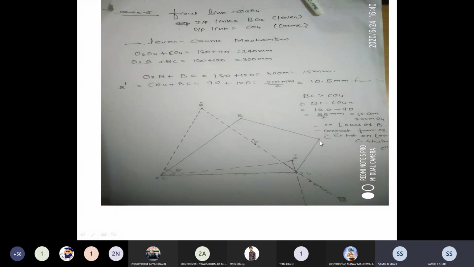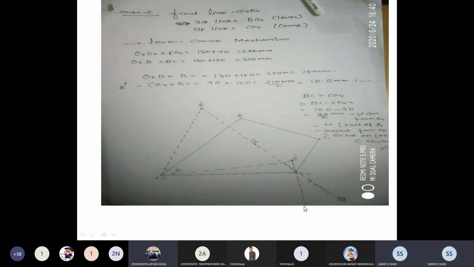Where O4C goes, you take it to the top center, and this is the line which you have to extend downward. After that, you get the point where O4C intersects somewhere. It may be your C double dash. You may extend this O4B double dash line.